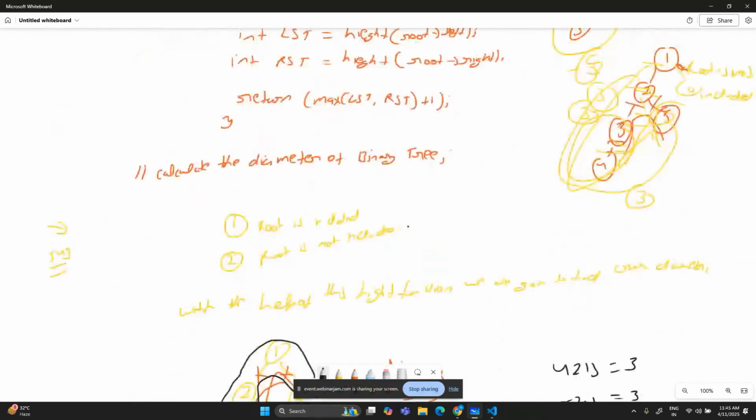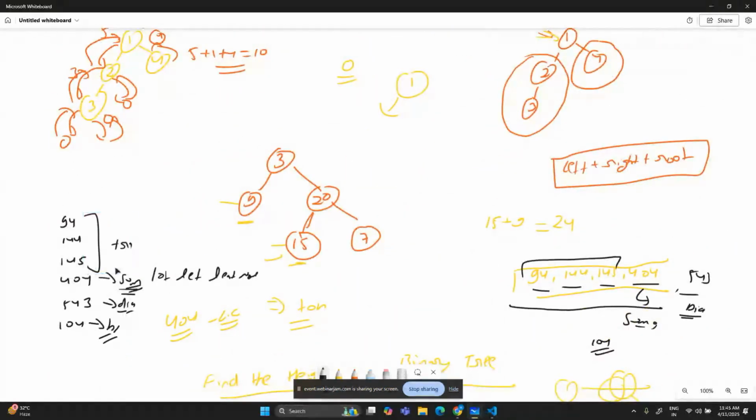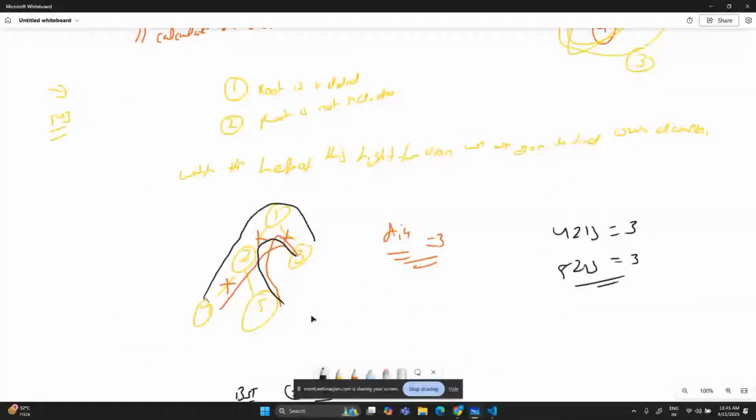Some students have asked what BST is. So read about BST. The full form is binary search tree. Okay, class. So you have to solve these questions 94, 144, 145, 404, 543, and read about BST.